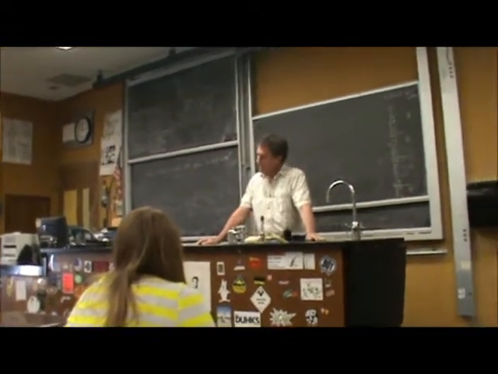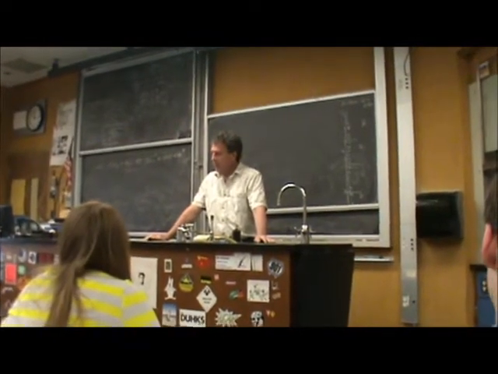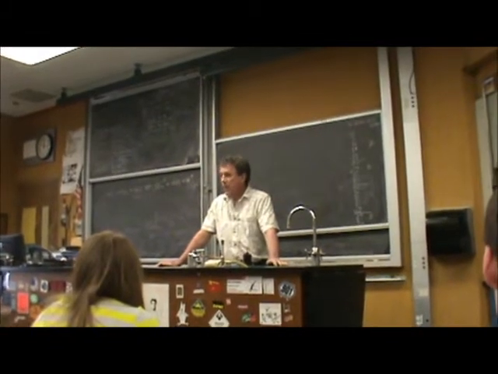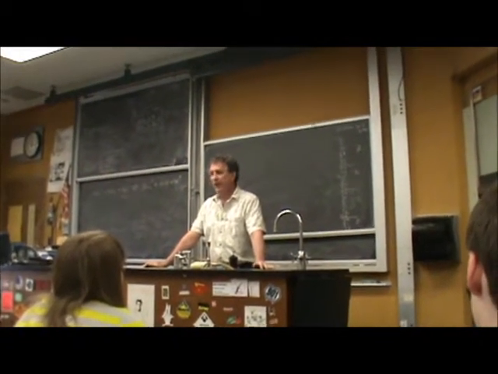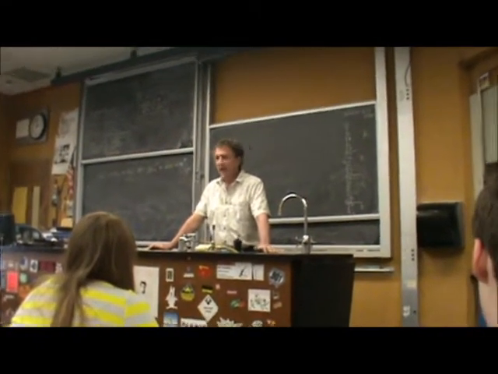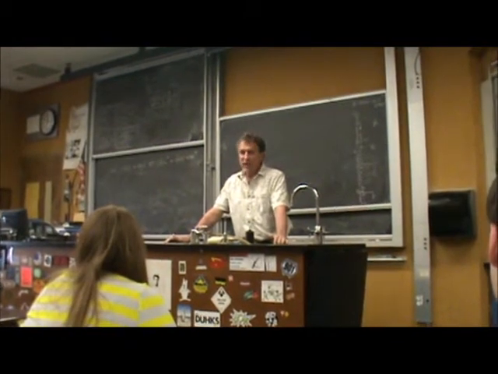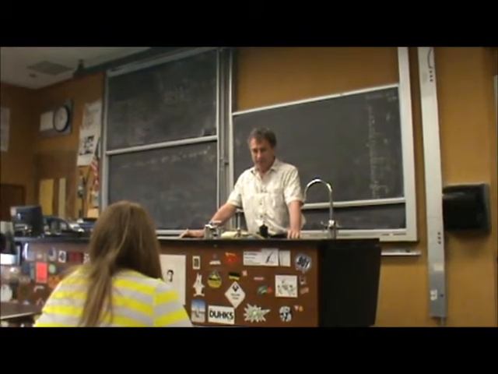Now, why are these reduction half reactions? Well, because each of these things on the left is taking on electrons, and we've put them in order by how much they like to do that. In other words, who likes to take on electrons the best? Well, fluorine. We knew that already, didn't we? And who likes to take on electrons the least? The alkali metals: lithium, sodium, potassium. They're at the bottom there, aren't they?